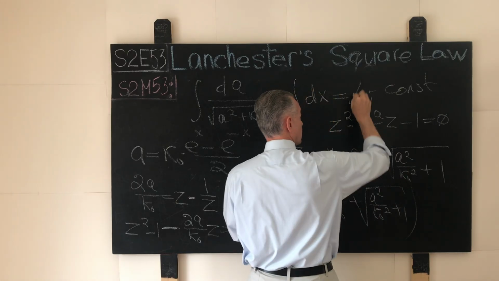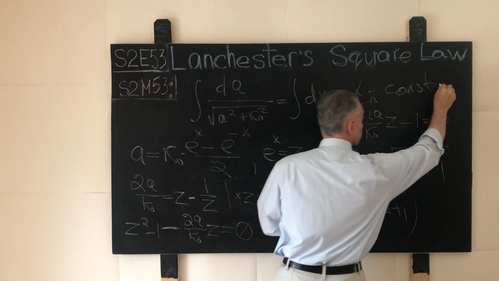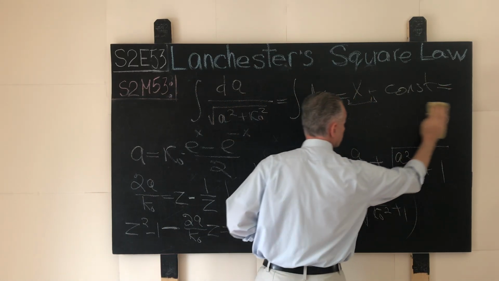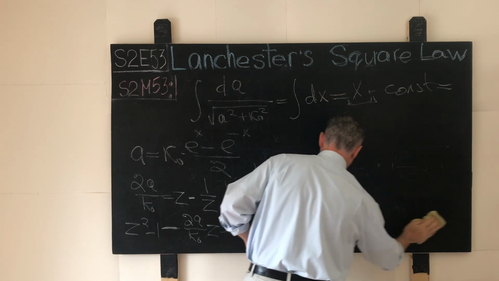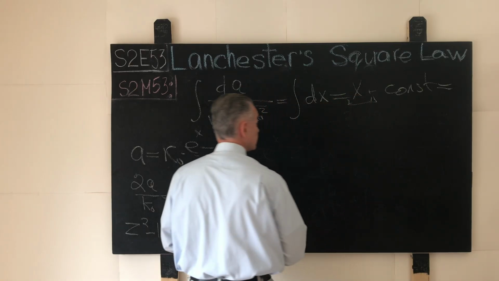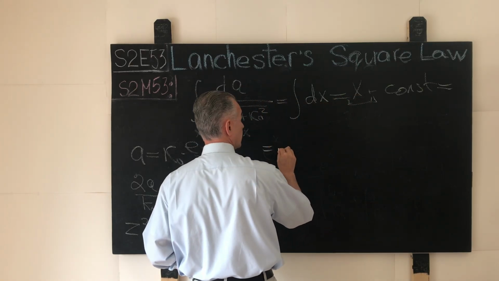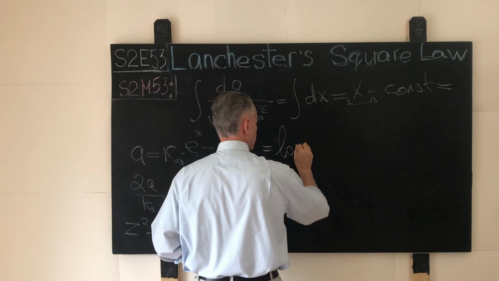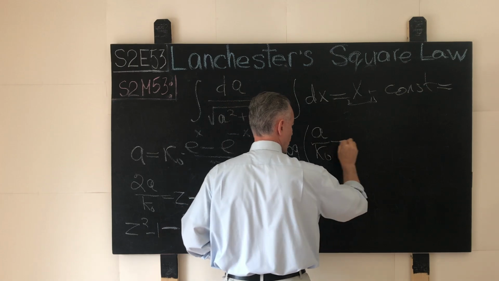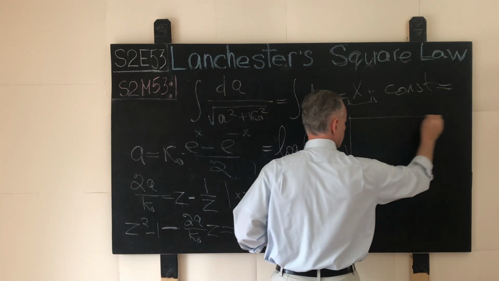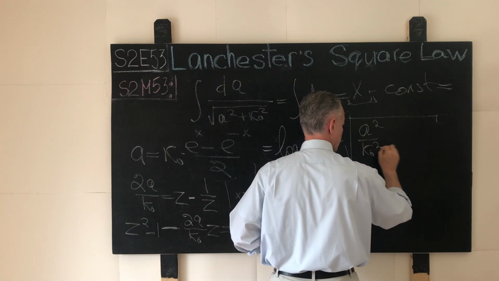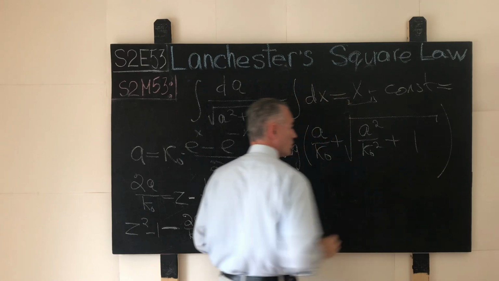Well, to be good citizens of mathematics, we will keep this. And here we will erase this, and we will write down the answer in a more legible form, so you guys have it in your records. So what do we have? We have the logarithm in base e of a over k0 plus square root of a squared over k0 squared plus 1, close paren.